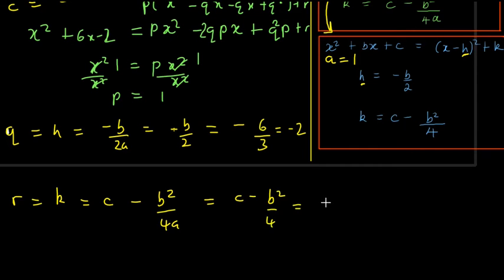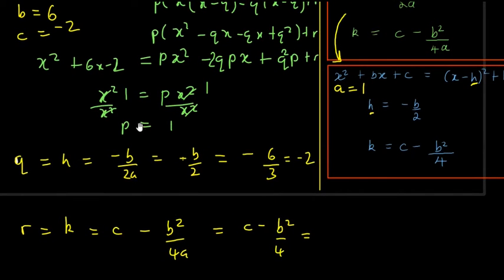So it will be equal to c, which is minus 2, minus b squared over 4, where b is 6, so 6 squared over 4.